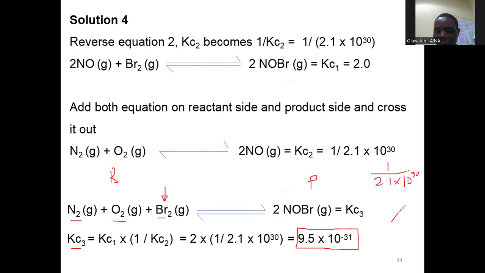Don't forget that your KP equals your Kc multiplied by your RT, raised to power change in number of moles.